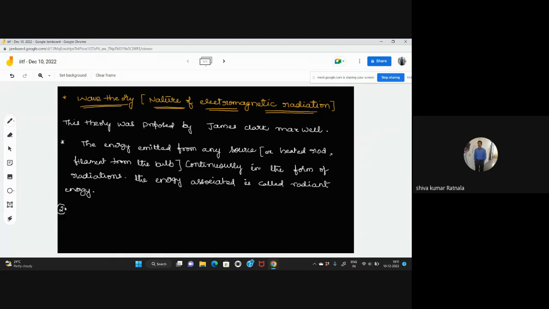And the next point is, these radiations consist of oscillating electric field and magnetic field.